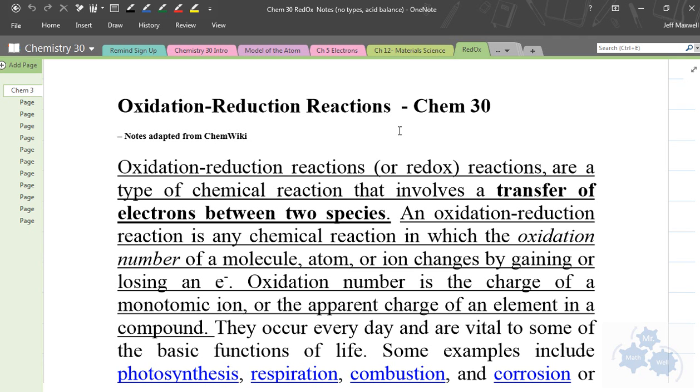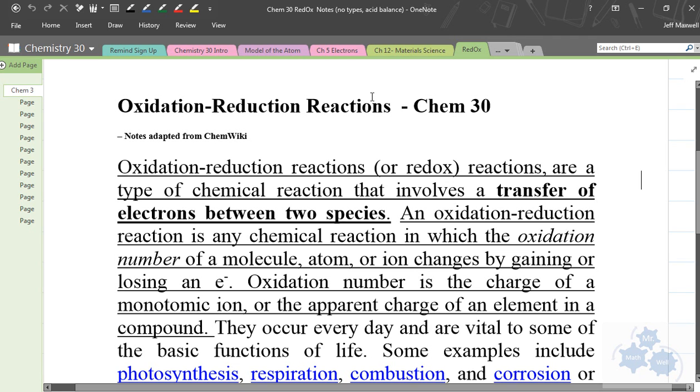At this level, we're going to talk about how to recognize an oxidation reduction reaction, often called a redox reaction for short, and how to balance a redox reaction, which involves balancing all of the electrons that are transferred as well. It's a deeper level of understanding and working with these reactions.